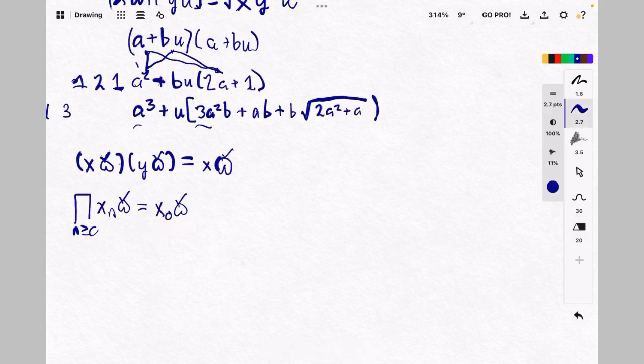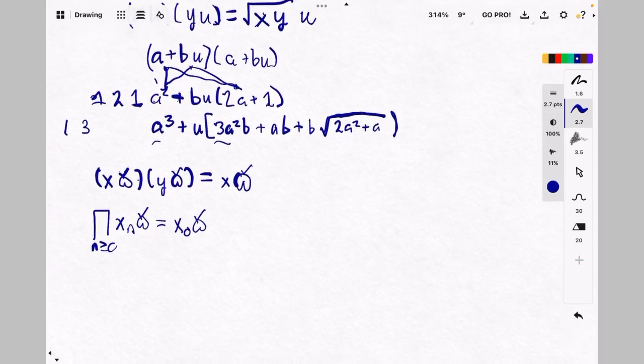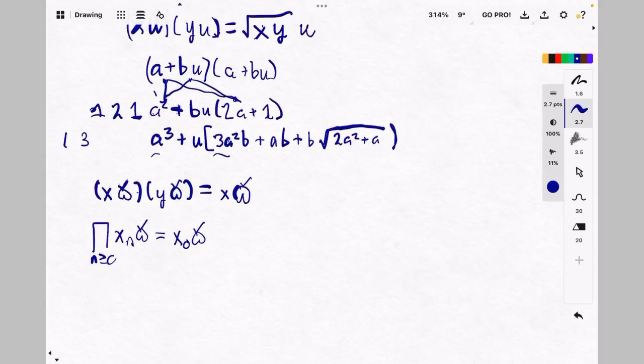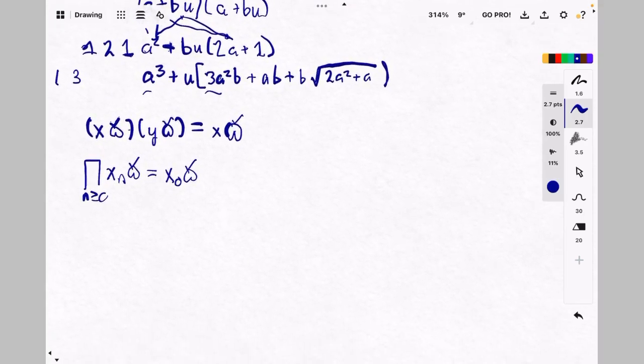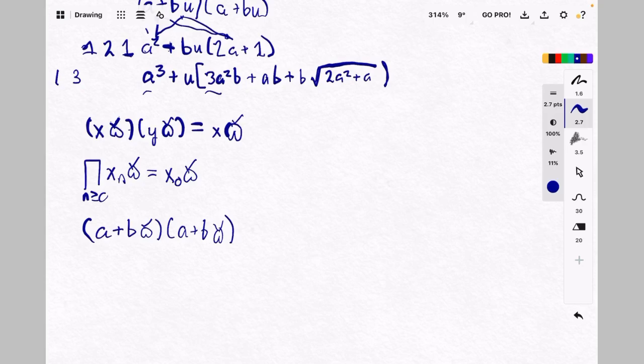So I started doing that same pattern again, and I got what I wanted. Let's do a plus b, that, a plus b, that. So we can do a squared again plus b that times, oh, what are we going to do?